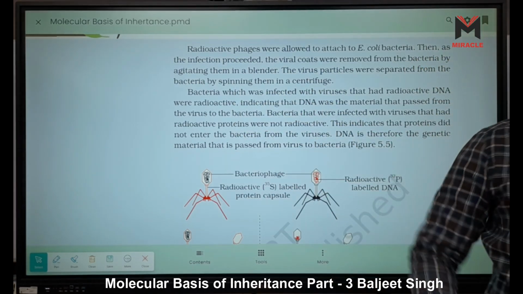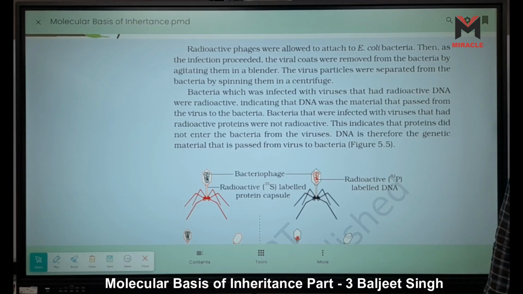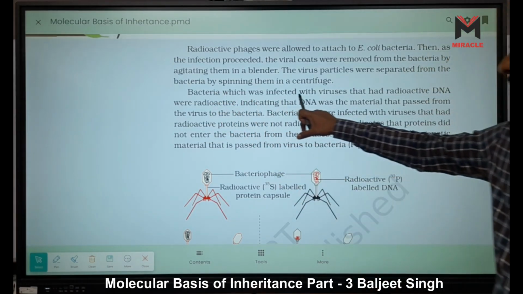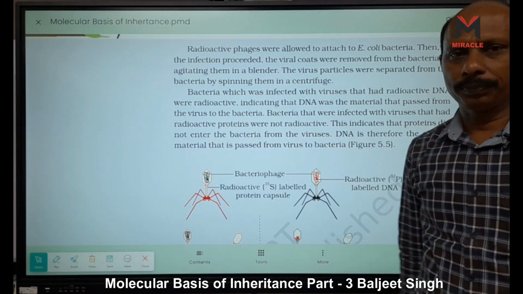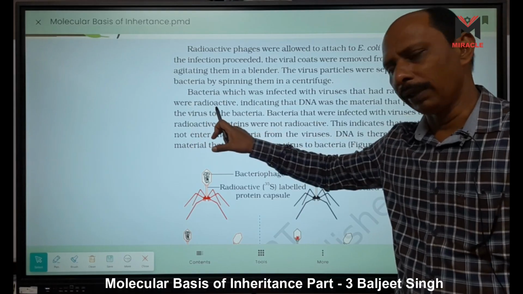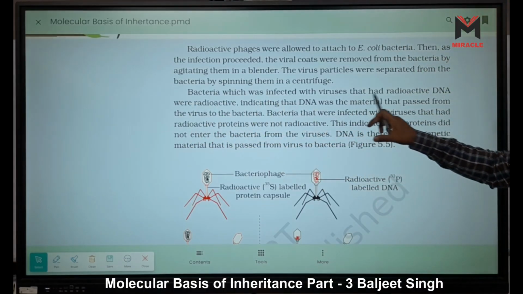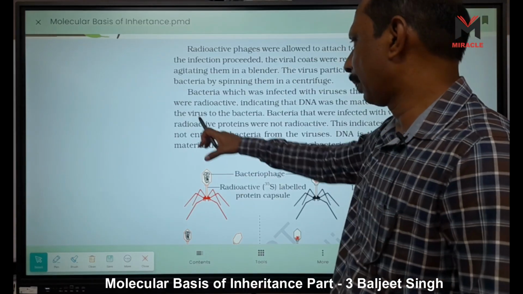Through centrifugation, they separate these particles. Bacteria infected with viruses that had radioactive DNA were radioactive, indicating that DNA was the material that passed into the bacterial cell.